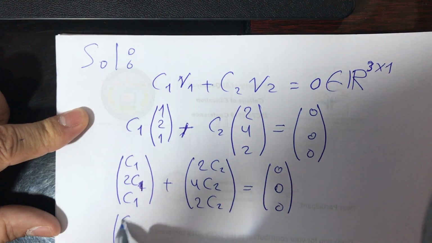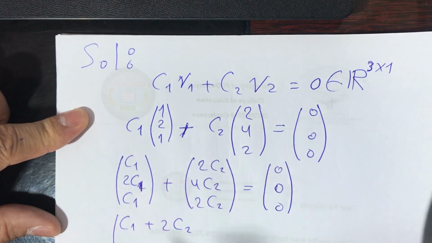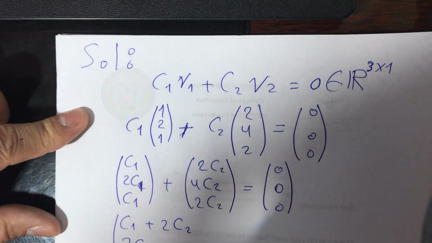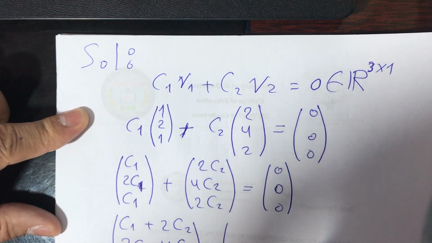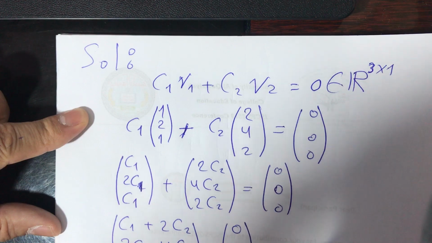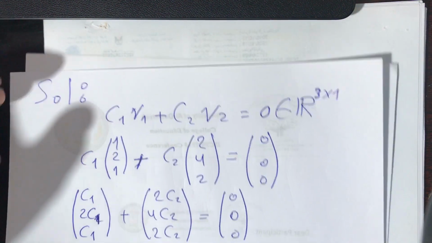We will get C1 plus 2C2, 2C1 plus 4C2, C1 plus 2C2 is equal to 0, 0, 0. Move it to equations.